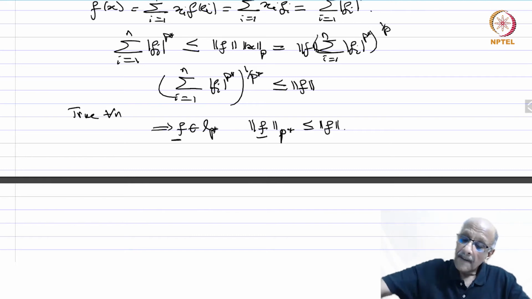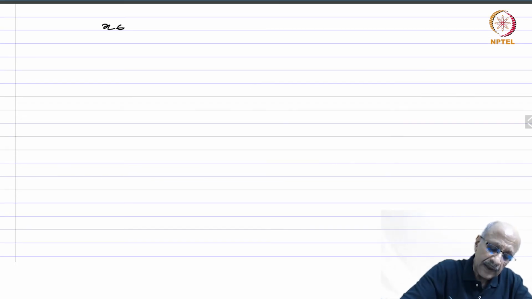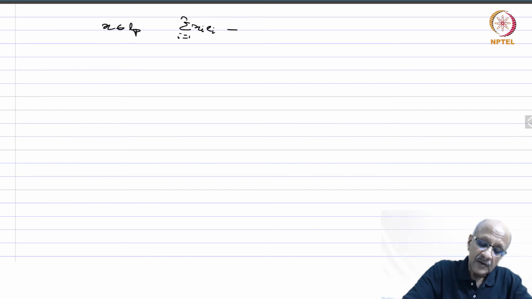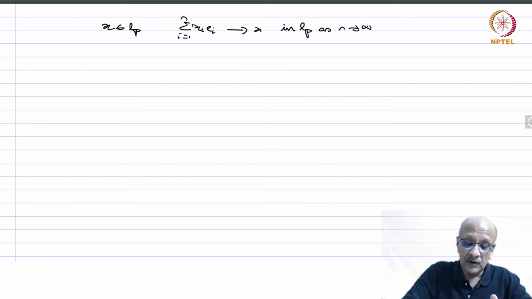Now further, if you take x in LP, then sigma i equals 1 to n xi ei will converge to x in LP as n tends to infinity, because this is just x1, x2, ..., xn, 0, 0, 0. So I am truncating, and that's nothing but the partial sum series, and therefore it has to converge to the whole thing in this norm.